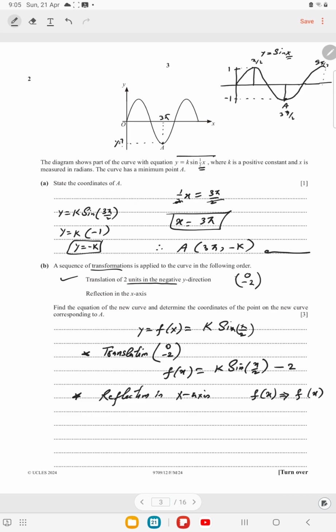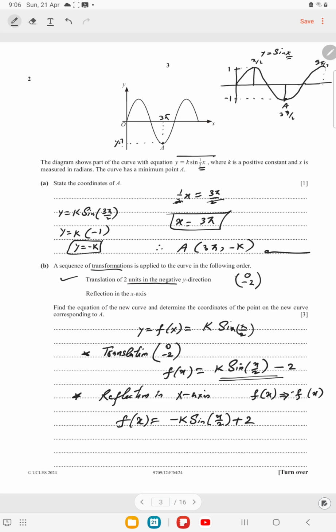X-axis, sorry, it's not y-axis. So we will multiply the whole function, this one, with minus. So the new function will be minus k sine of x by 2 plus 2.